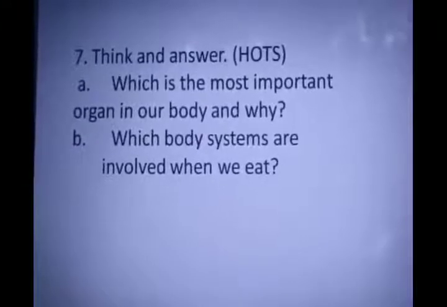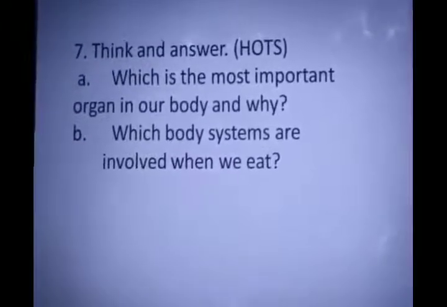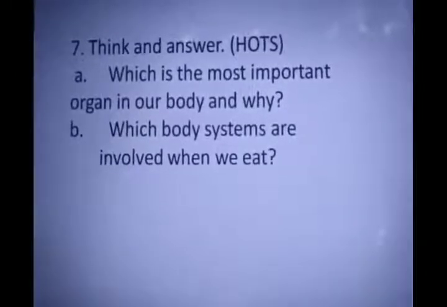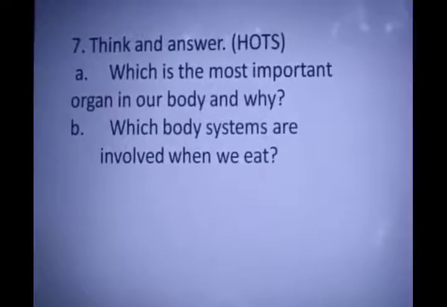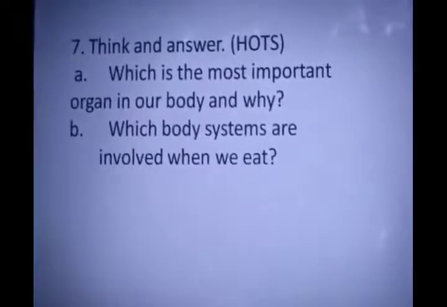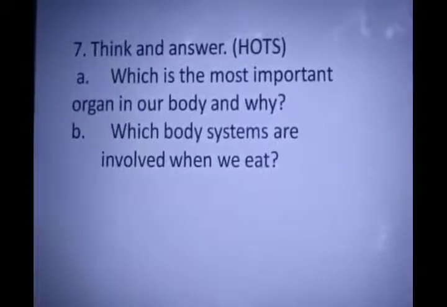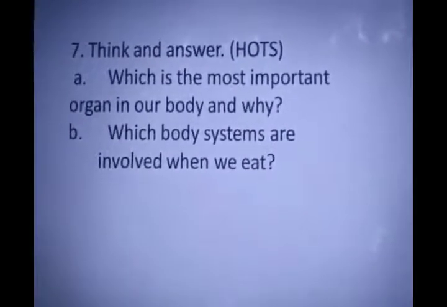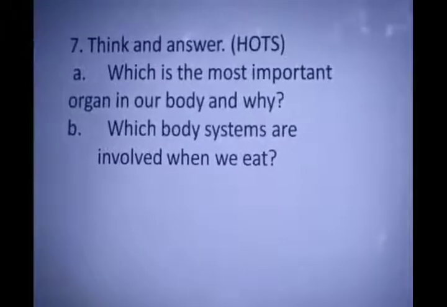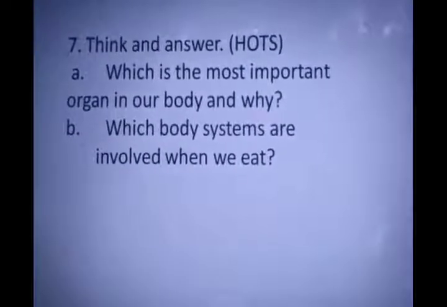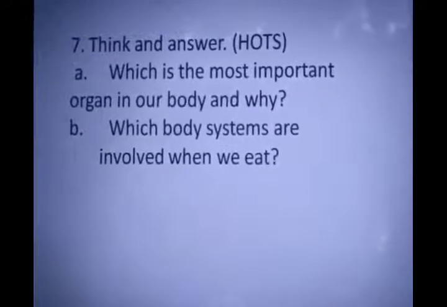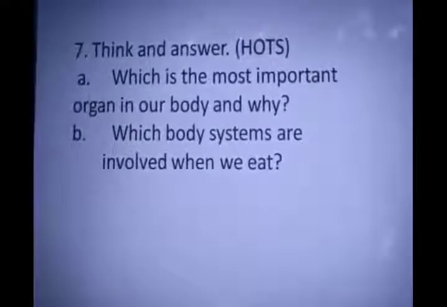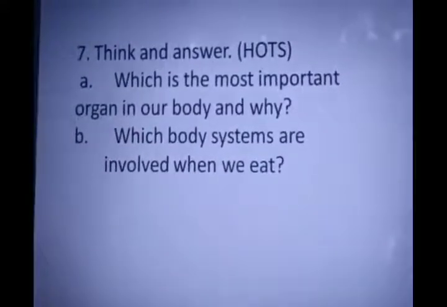Then, as we put food in our mouth, we start chewing. At that time our digestive system helps us to digest that food. Now, when we are doing all these activities, we should not forget that our nervous system controls all these activities.